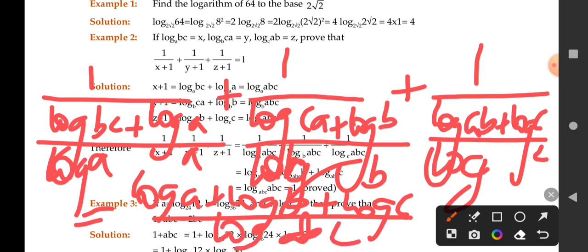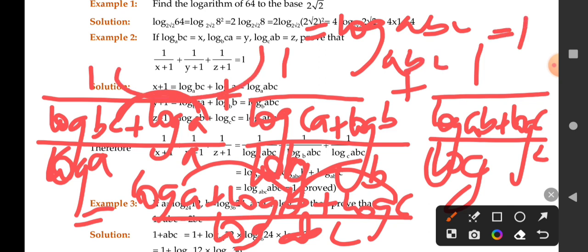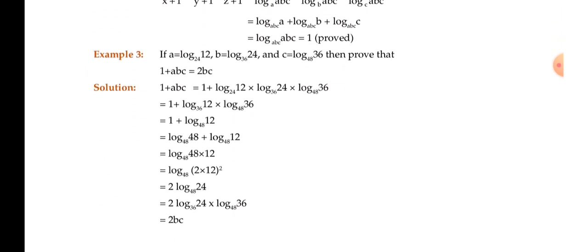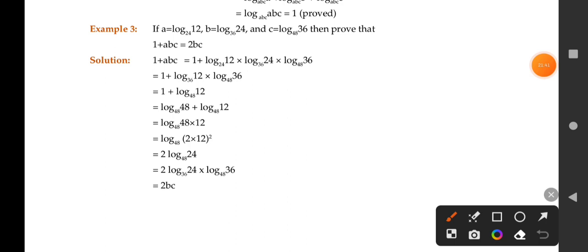Since addition, that means you can multiply these numbers. So we have ABC. So again, this is also addition, we can multiply. What do we get? We get log ABC to the base ABC, which is equal to 1. Hence proved.